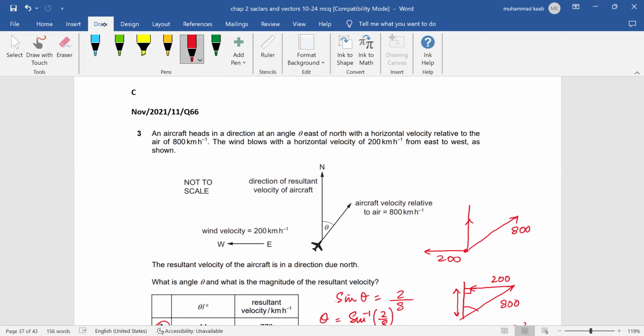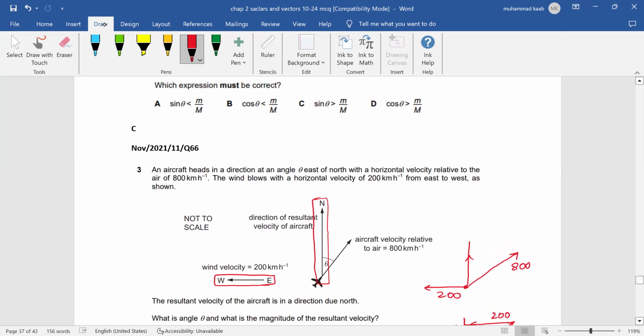Look, they mention a vector in the horizontal direction, okay? They also mention a vector in the vertical direction, exactly vertical. So when you are drawing the vector triangle, you have to consider these two directions as they are.